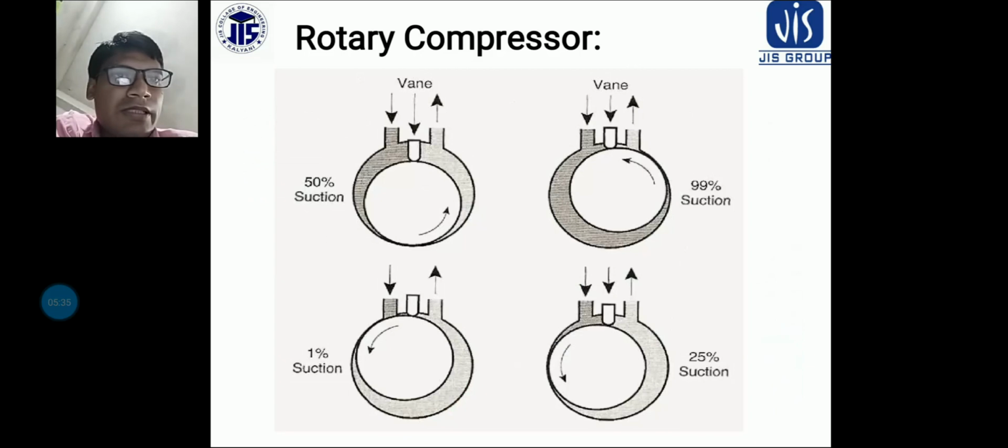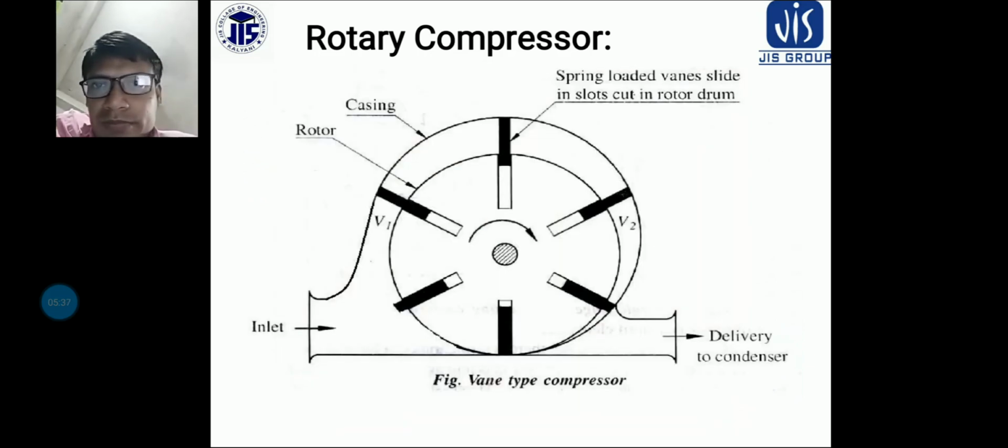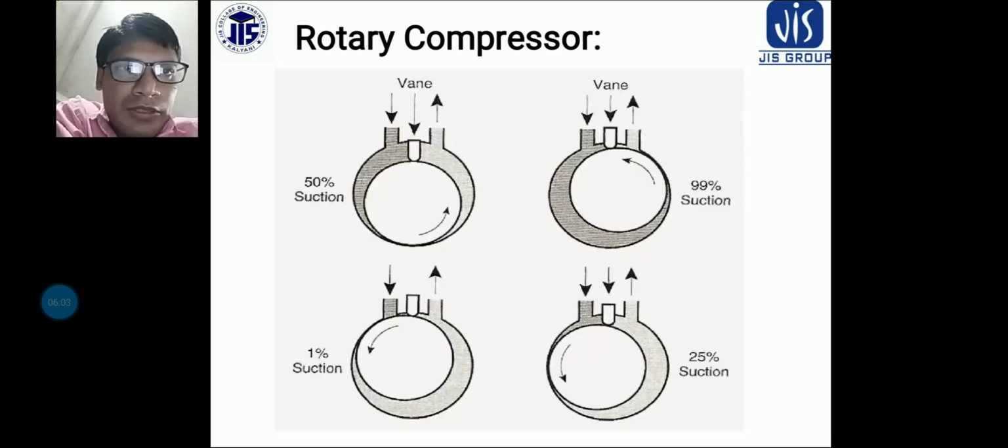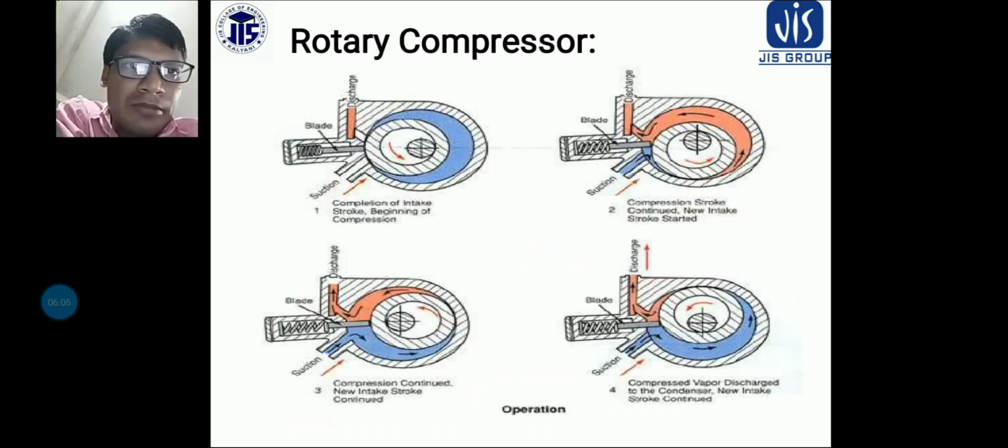Again, I am showing you 70 to 85%, and it is used for refrigerants R12 and R114. The compressor is more suitable for pumping refrigerant having moderate or low condensing pressure, and mainly it is used for domestic purposes, such as the domestic refrigerator. So these are the two types of rotary compressor which I have already discussed.